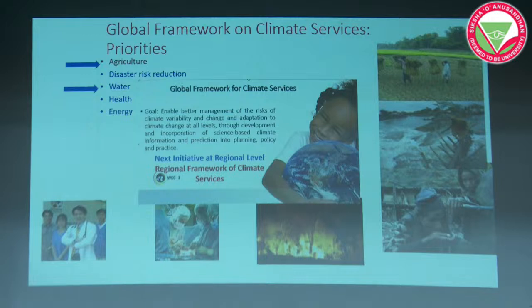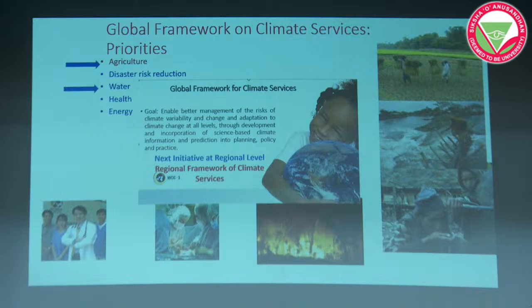Whenever we talk about the Global Framework for Climate Services, whatever has been mentioned since morning, what the climatic variability is, what the climate change is, what the adaptations and mitigations could be, all of these should be science-based. A huge amount of work is being done by WMO in 160 countries, including India.